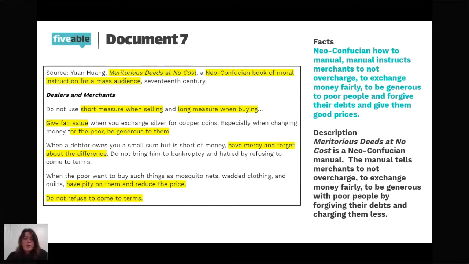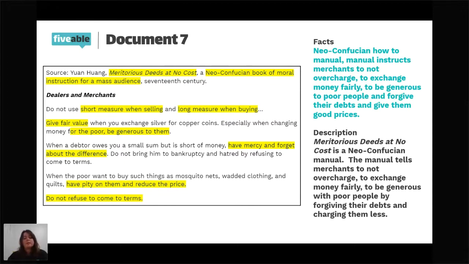Let's see. Do not bring him to bankruptcy and hatred by refusing to come to terms. So they're saying, look, he's got a little bit of money. Let him pay that, reduce what he owes you, give him a break. Okay. When the poor want to buy such things as mosquito nets, wadded clothing, and quilts, have pity on them and reduce the price. So this is interesting. There's a lot about the poor.